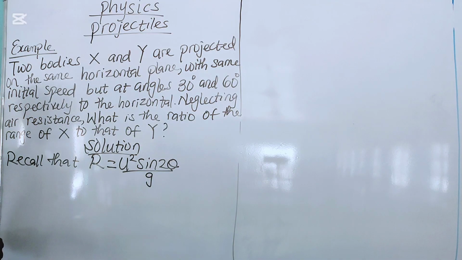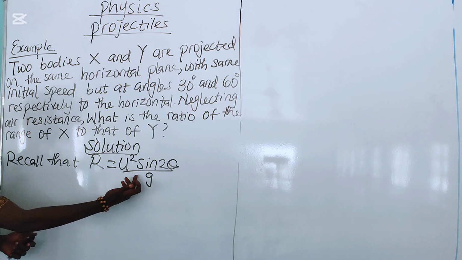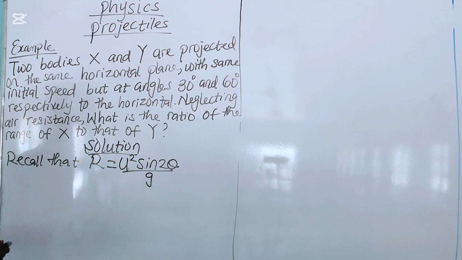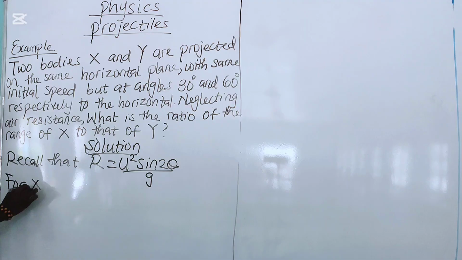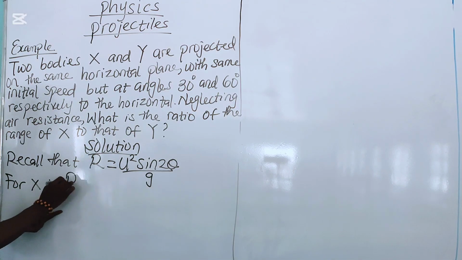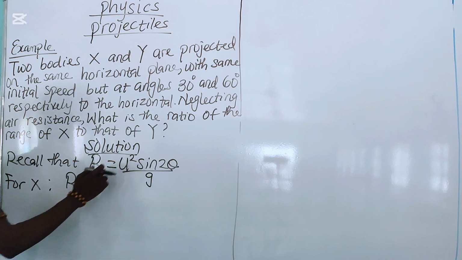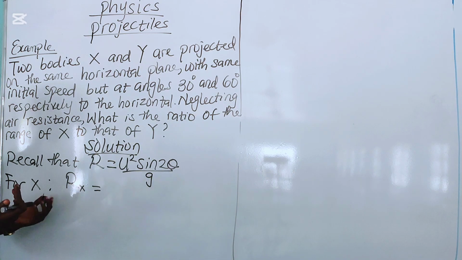So if that is so, it means we need to find the equation for the range of the projectile for body X, and also for body Y. So for X, the range of the projectile of X, let's call it R subscript X. And it's going to be, now, what is the initial velocity of X? We don't know.